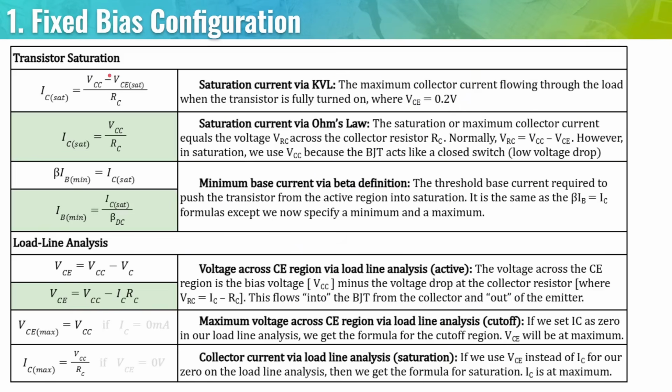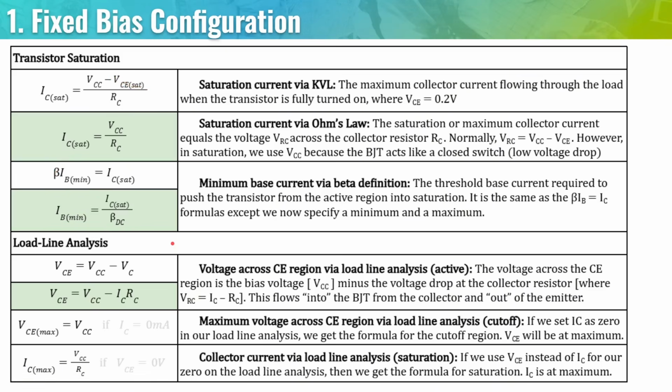Via Ohm's law, we just have VCC over RC. Next, we have the minimum base current via beta definition, where beta times IB minimum is equal to the saturation current. You can rearrange this if you want IB minimum isolated.